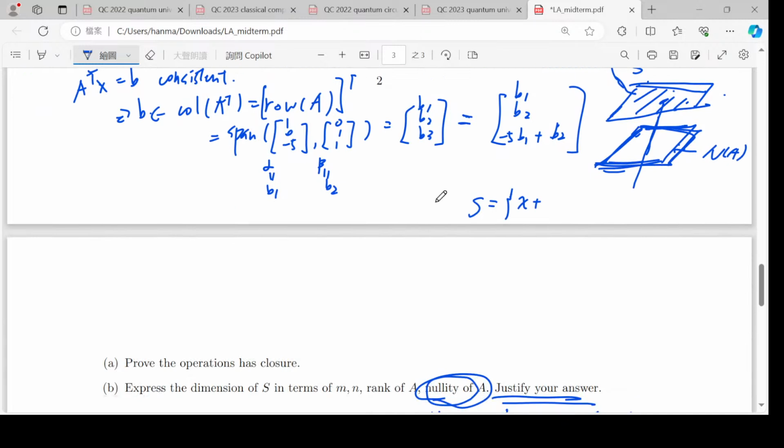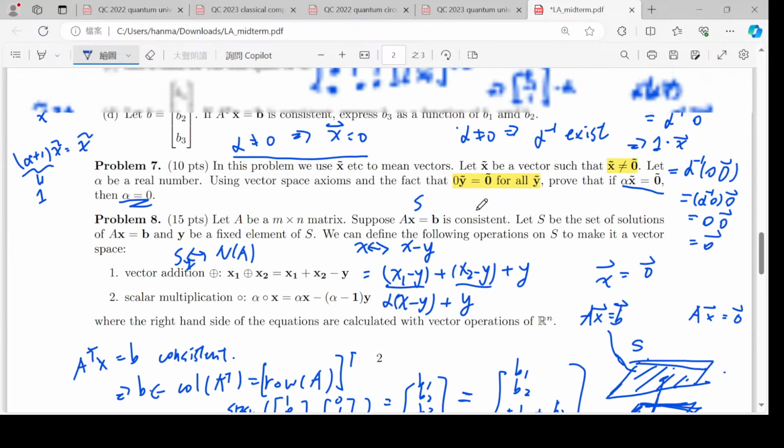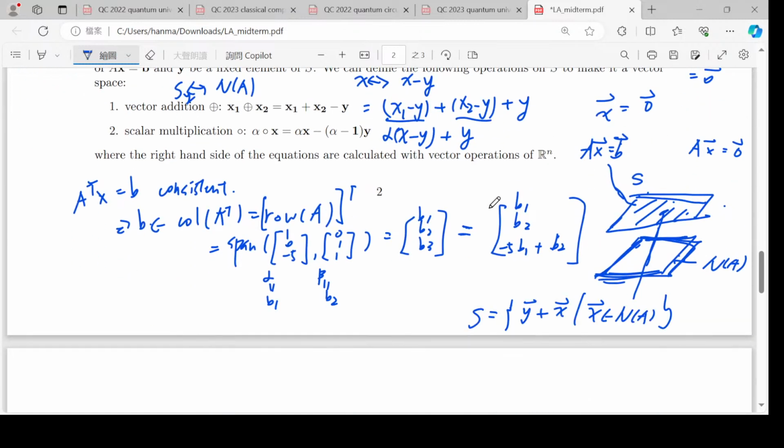Okay, so everything inside S can be expressed as a particular solution Y here plus a homogeneous solution X in N of A. So everything inside S is something inside the null space of A plus this particular solution shift.